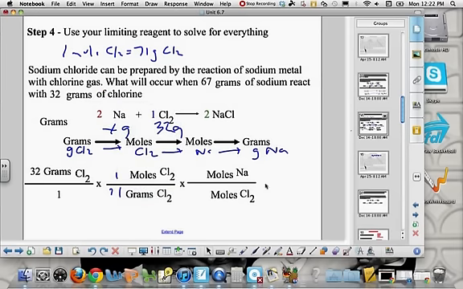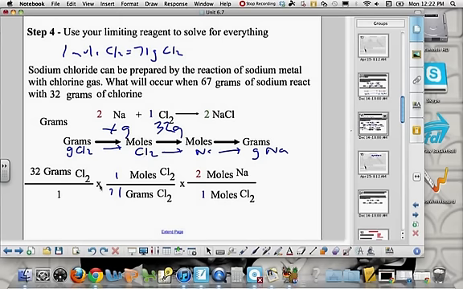To do this, I'm going to use the numbers from the balanced equation. Looking at my equation, I have a 2 next to the Na, so I'm going to put that in there. And I have a 1 next to the Cl to convert from moles of Cl to moles of Na. So I've gone from grams of Cl to moles of Cl to moles of Na.